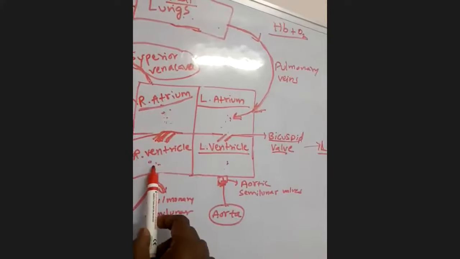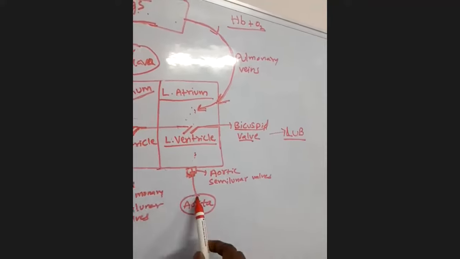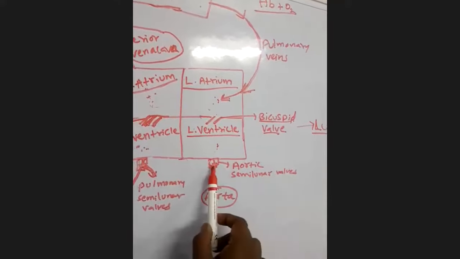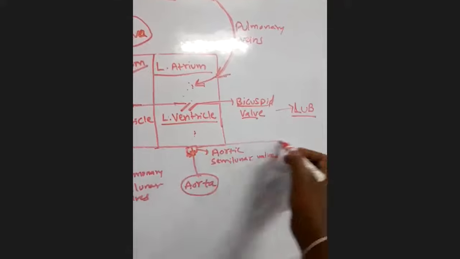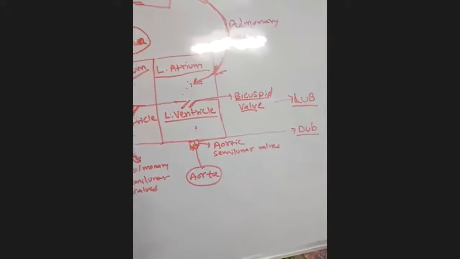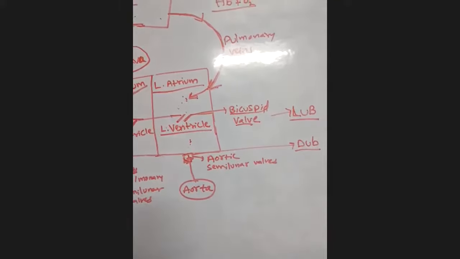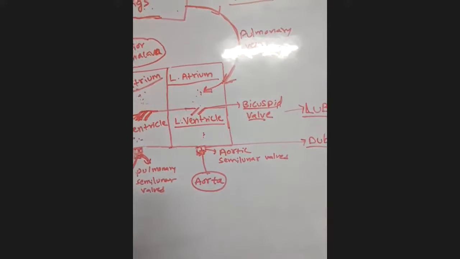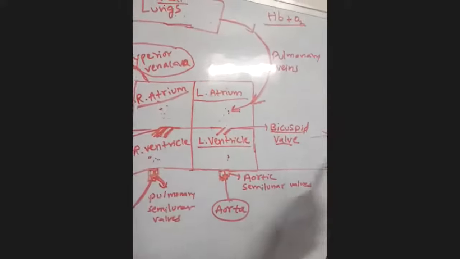When the blood in the right ventricle and left ventricle moves into the pulmonary artery and aorta, the pulmonary semilunar valve and aortic semilunar valve will be closed at a time, and the sound we hear is dub. So this is lub dub, right?